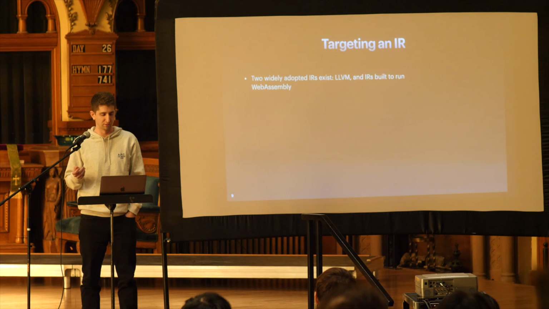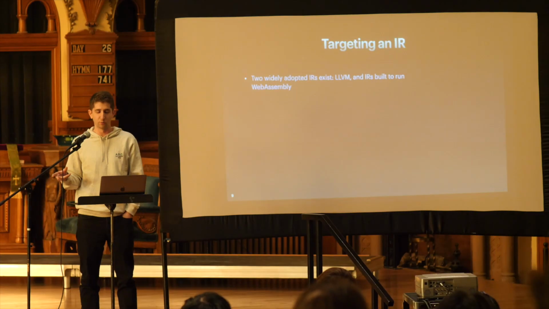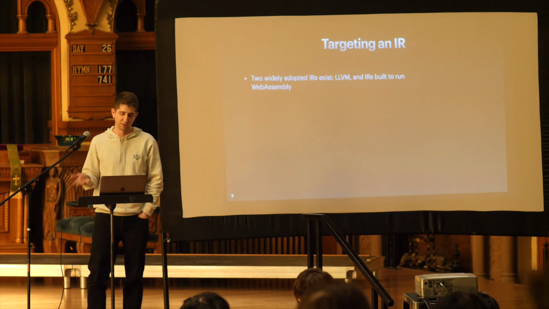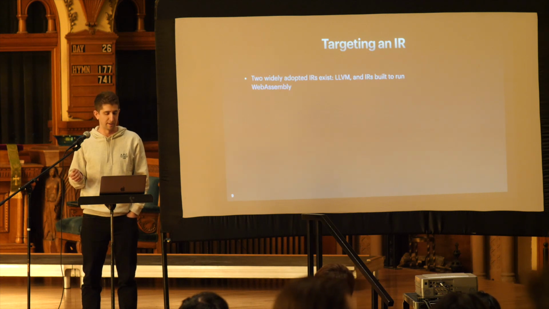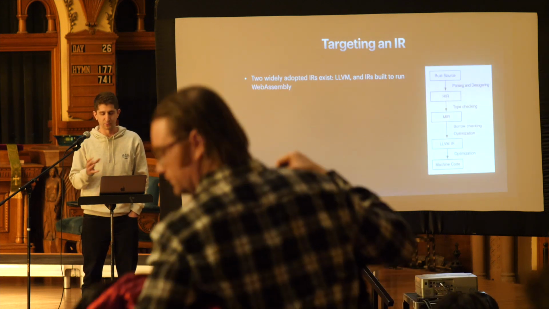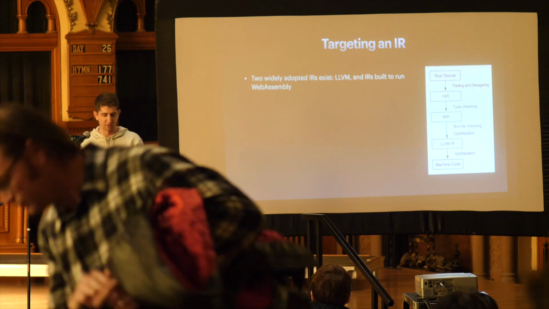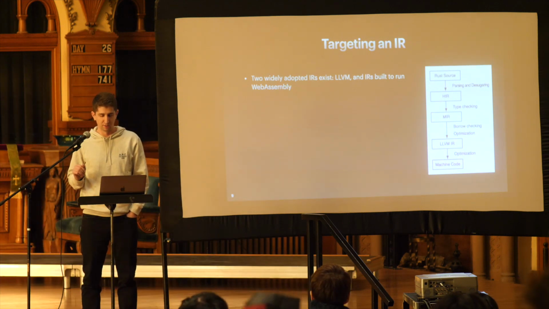It's used to help with code generation for machine code. There are basically 2 widely adopted IRs: LLVM, and IRs built to run WebAssembly outside of JavaScript, just on a native machine.